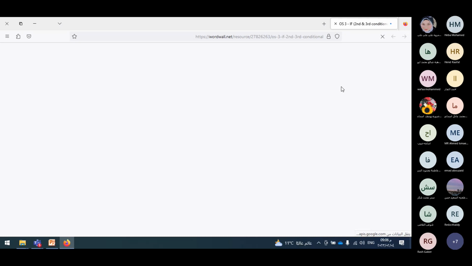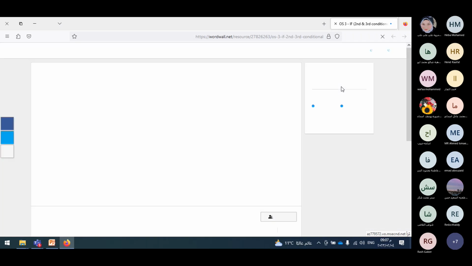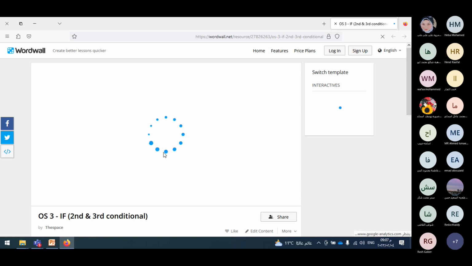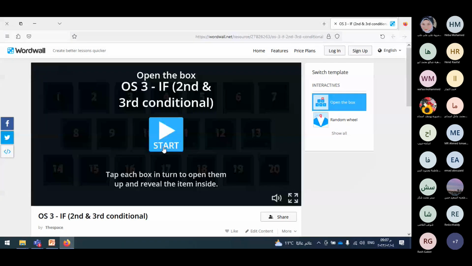Yes, it's like a game, and you will see it. I'm sharing the screen here. Yes, that's it. It will start, inshallah, after a while. It's fun, and it revises your previous knowledge or prior knowledge concerning the second and third conditional.